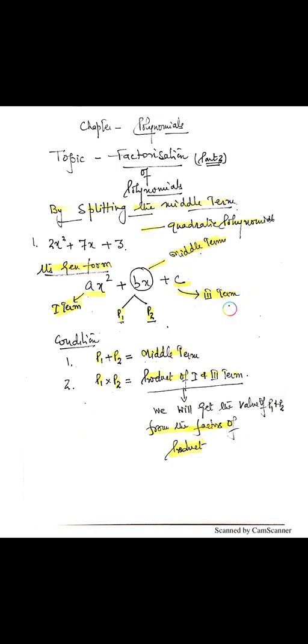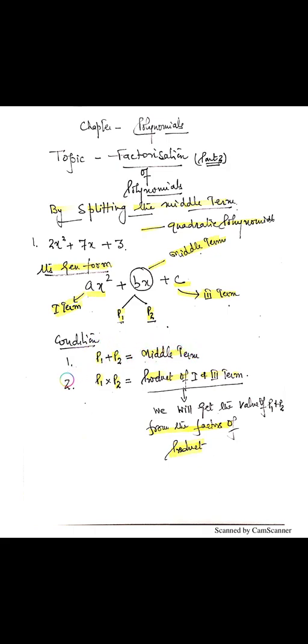Now, in the method of splitting the middle term, you have to split the middle term into two parts. Let them be P1 and P2. What are the conditions for P1 and P2? First condition, P1 plus P2 is equal to the middle term, meaning their sum should be equal to the middle term.